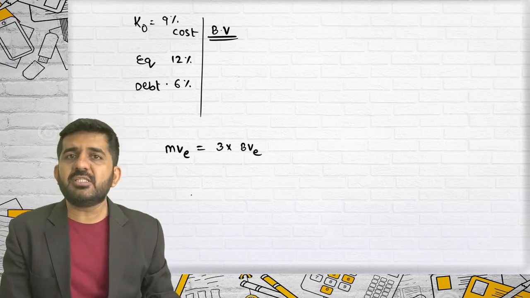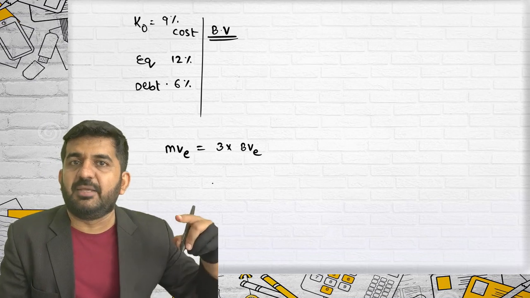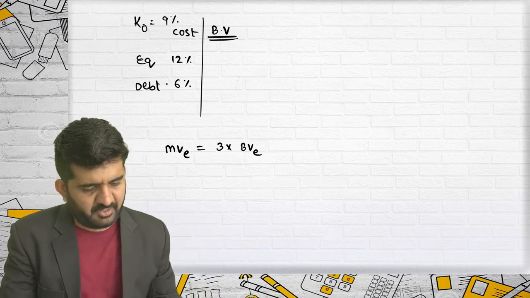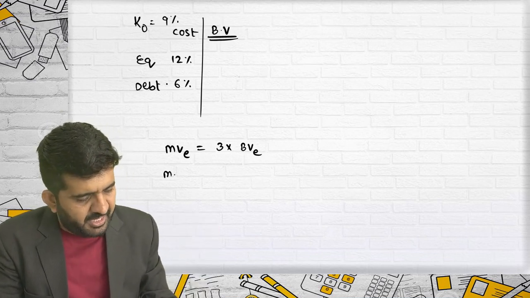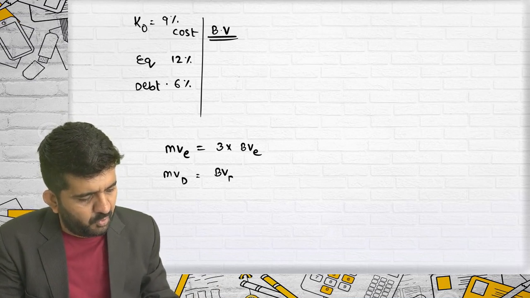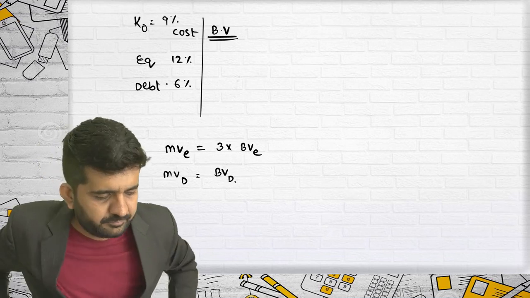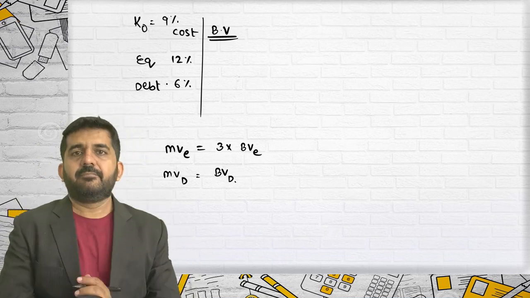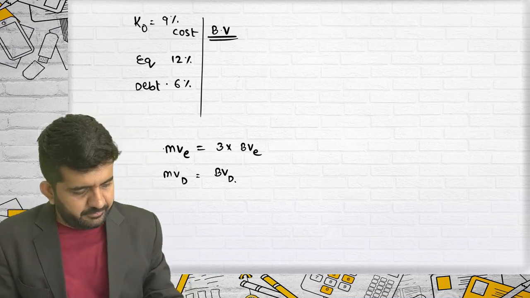Can I write down this? Book value of equity multiplied by 3 will be equal to market value of equity, and market value of debt is equal to book value of debt. Now try to concentrate.